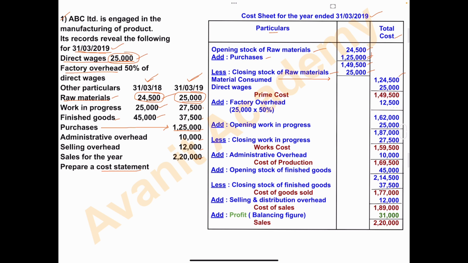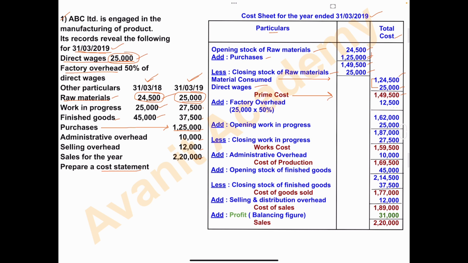So after material consumed, write direct wages and write the amount in the total cost column, 25,000. Add these two amounts: 1,24,500 plus 25,000, and the total amount is 1,49,500. That is called prime cost.